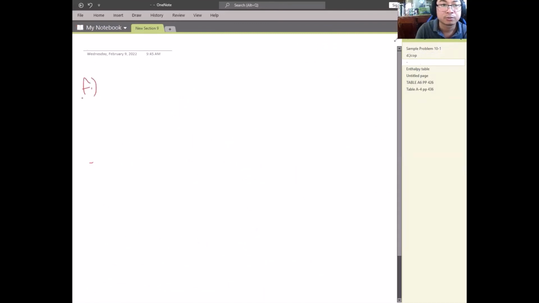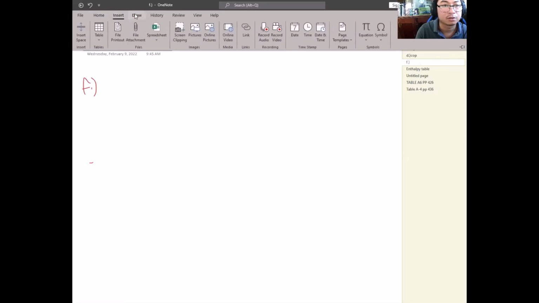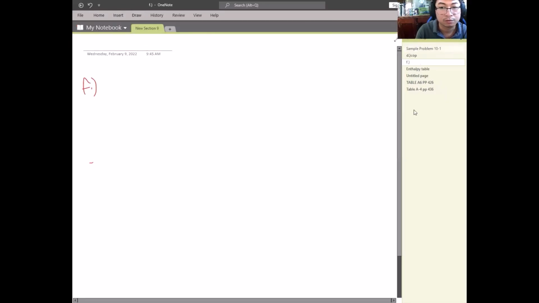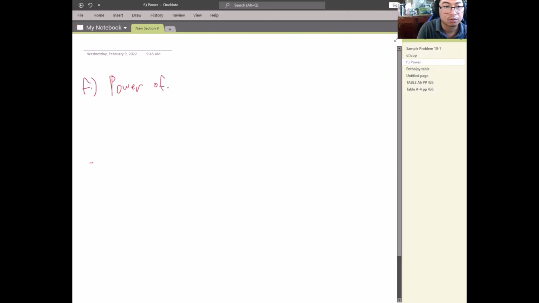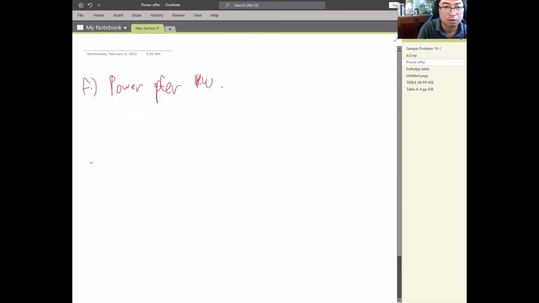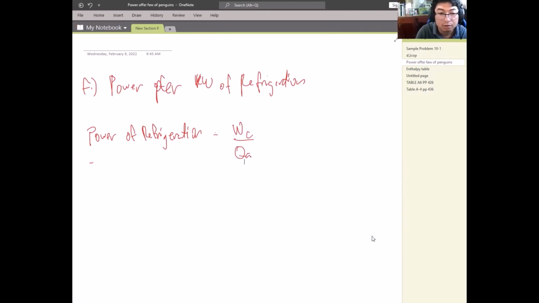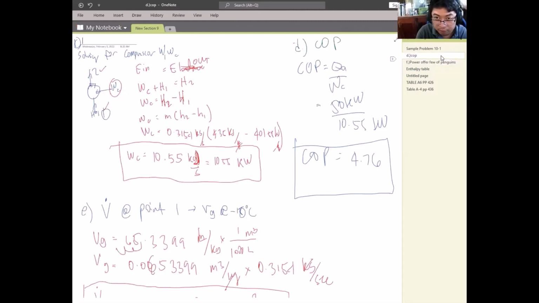So solving for the power per kilowatt of refrigeration, that is the work of the compressor all over the heat addition, or simply the reciprocal of COP.